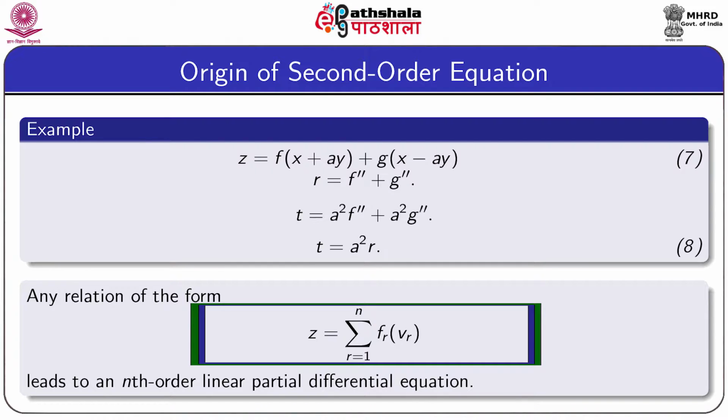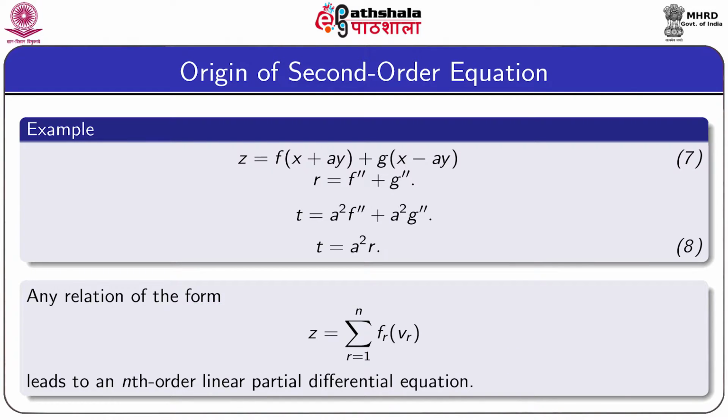Let z be the sum of n functions fr vr, where fr are some unknown functions and vr are some functions of x and y.